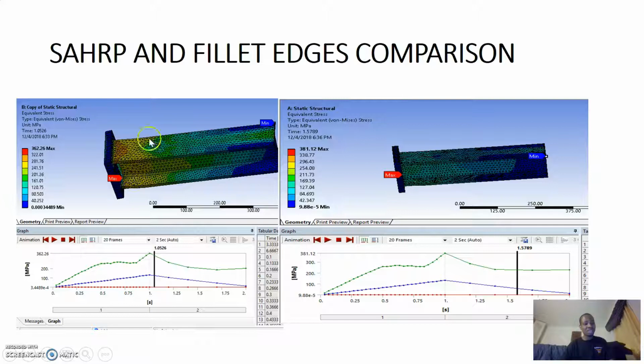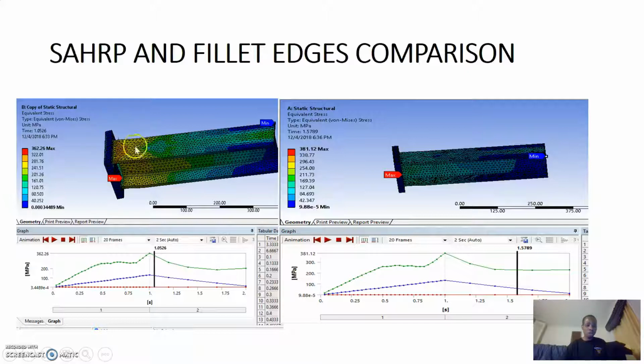And when we have more induced critical stress, there are chances of failing earlier than the one that does not have it. So it is very advisable not to add more edges to the system, in order to avoid accumulating more critical stresses. That leads to the conclusion that sharp edges contribute to the induced stresses in the system, and we don't want that.